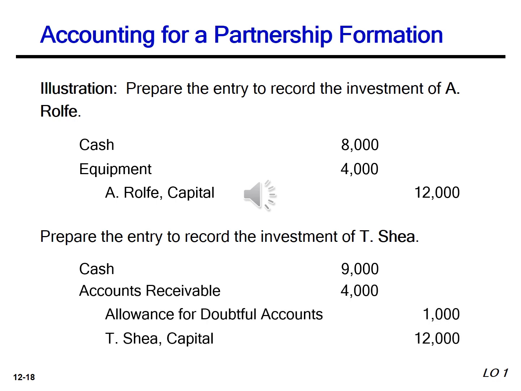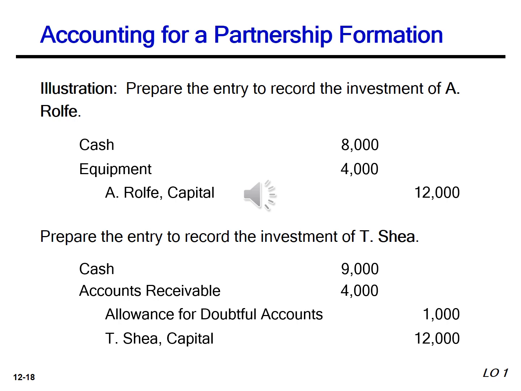And here we have two requirements of this illustration. The first one is to prepare the entry to record the investment of A. Rolfie. And for A. Rolfie, we're going to debit cash 8,000 and debit equipment 4,000 and credit A. Rolfie capital for the total of the two, which is 12,000.